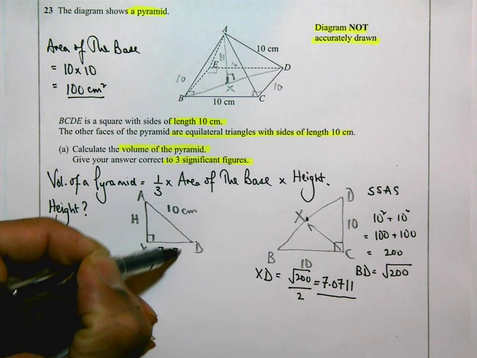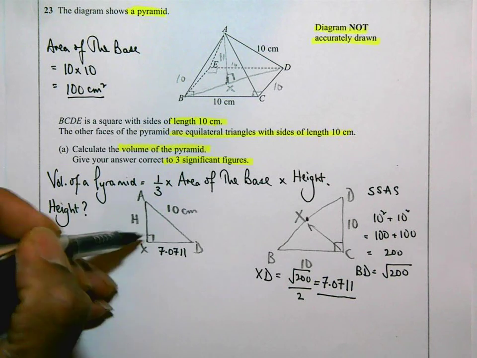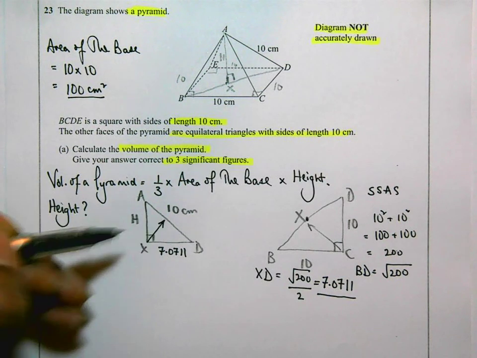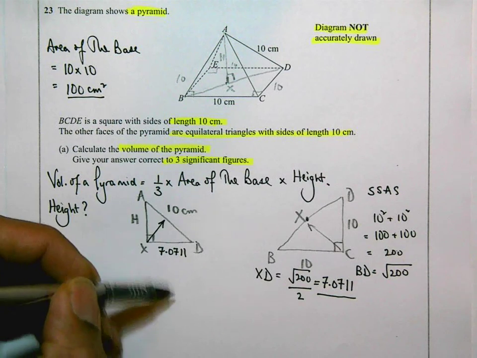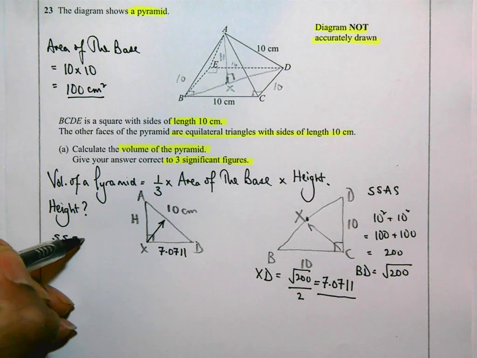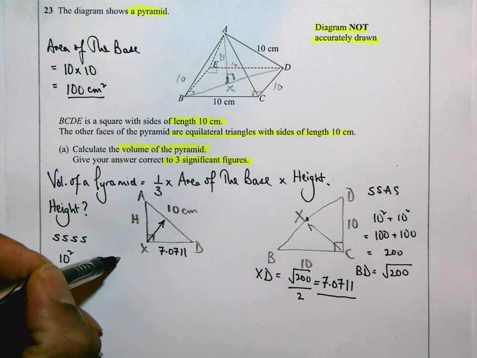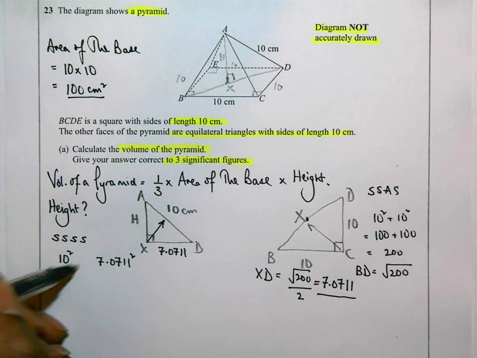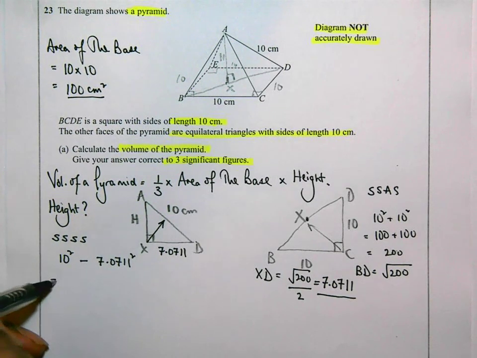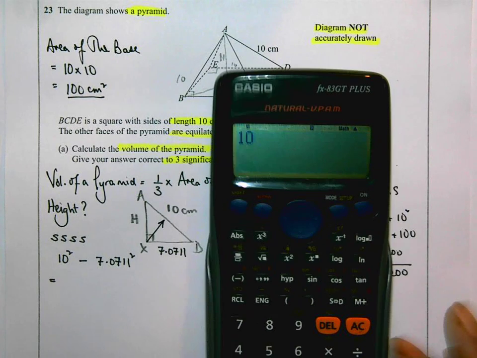Now remember, I wanted to work out the height. Again, I'm going to use Pythagoras here. That is the hypotenuse. I already know it. So in this case here, I'm going to square, square, subtract, and square root. So I'm going to do 10 squared, 7.0711 squared. I'm going to subtract them. And then the answer I get to that, I'm going to square root it. So I'm going to get the calculator working on this. 10 squared, take away 7.0711 squared.